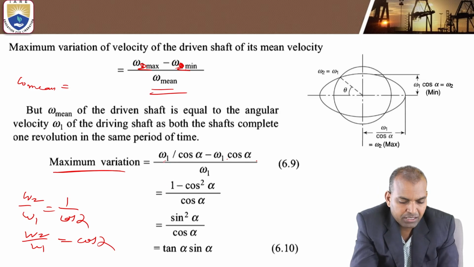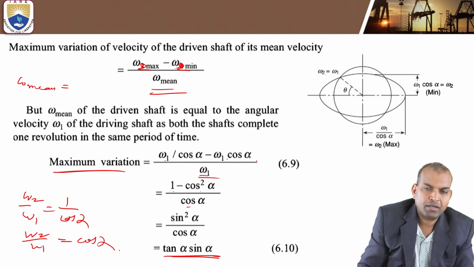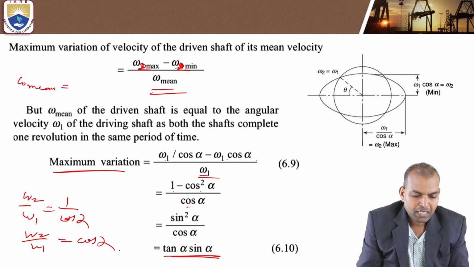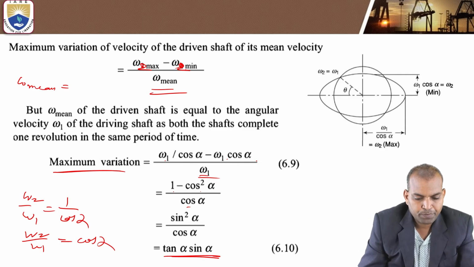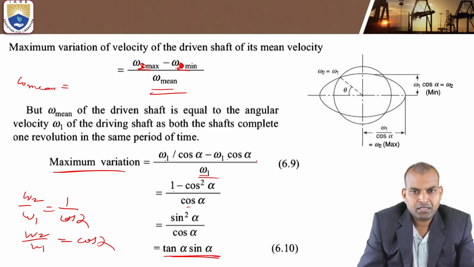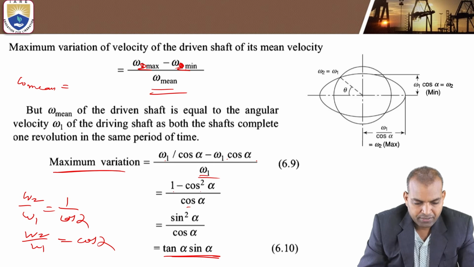So omega 1 by cos alpha and omega 1 cos alpha by omega 1. Now this is the maximum variation, that is 1 minus cos square alpha by cos alpha, that is tan alpha sin alpha. So these are the formulae we'll use in order to solve the problems given in the case of Hooke's joint.